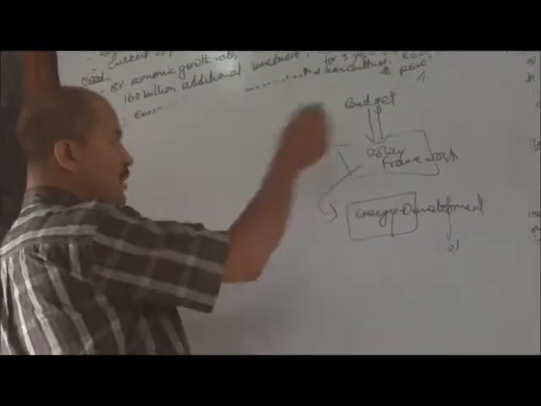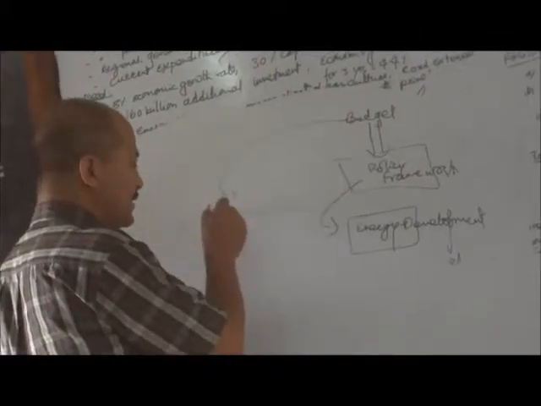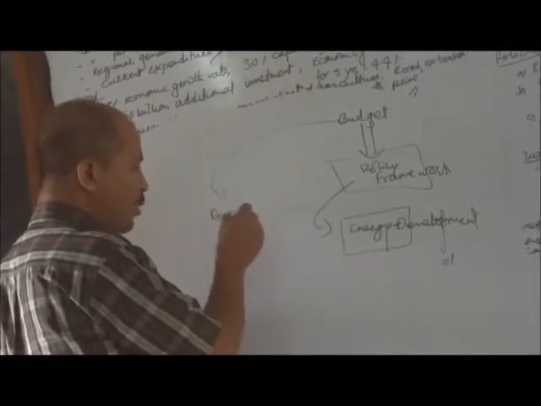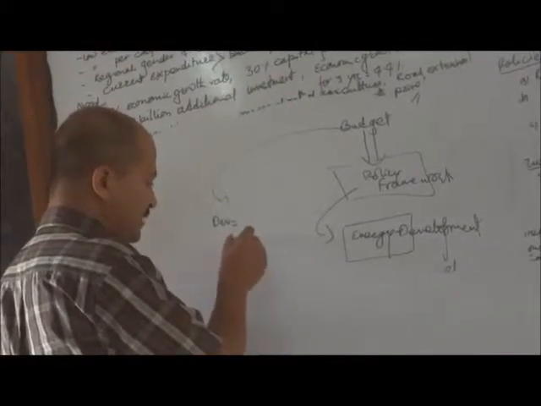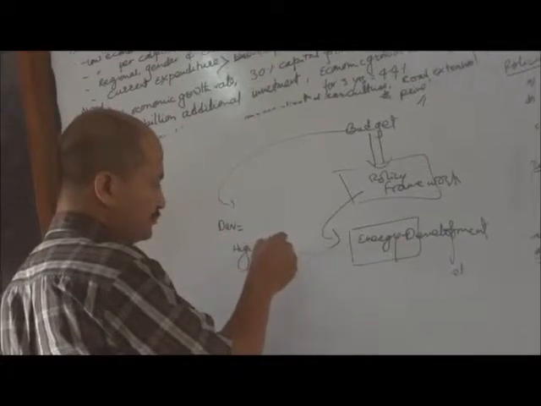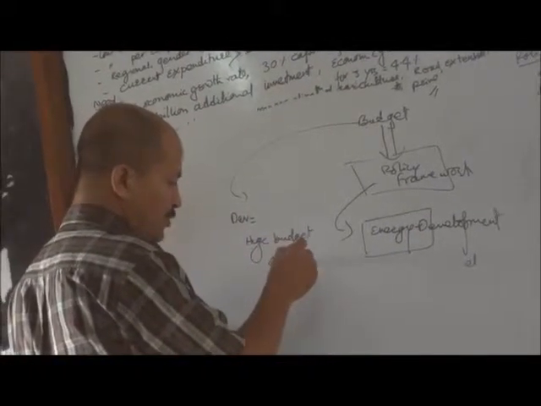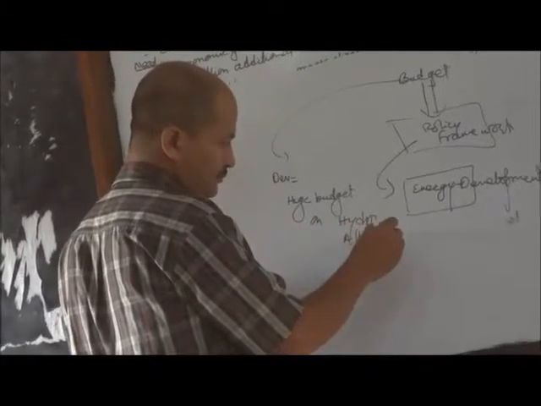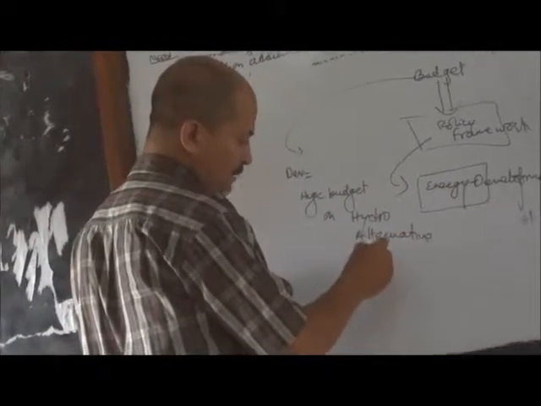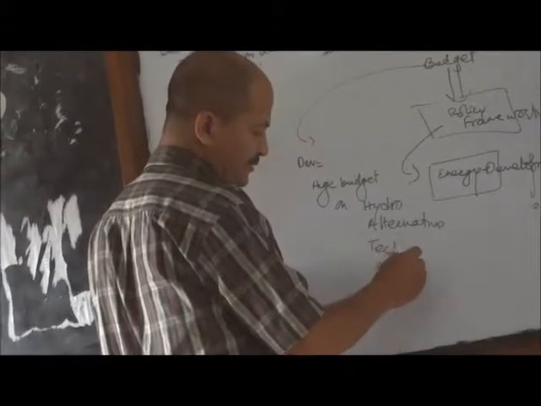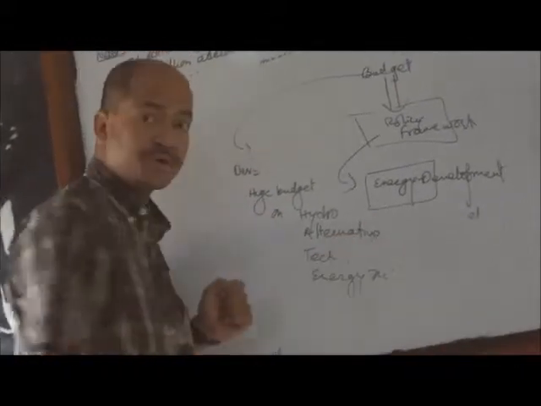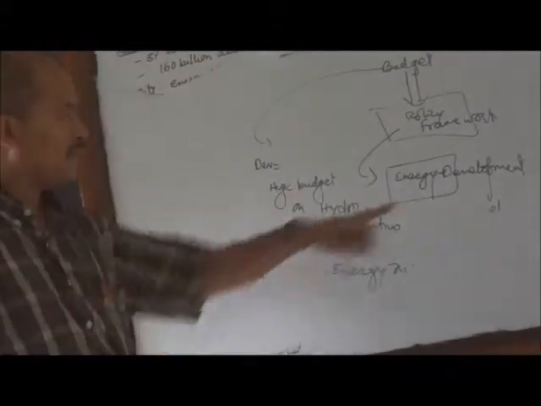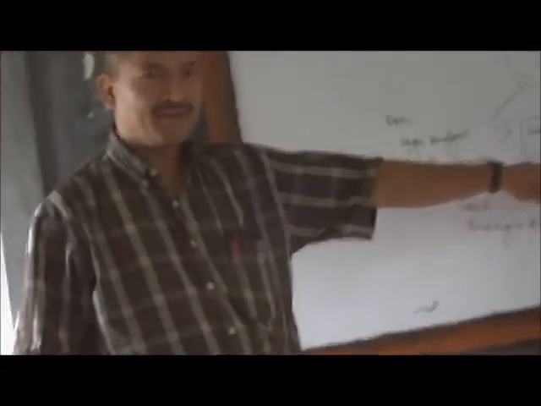In the development expenditure, a huge budget is allocated to hydro, alternative energy, technology development, and energy industries. Look at it. The policy is energy development for this year.